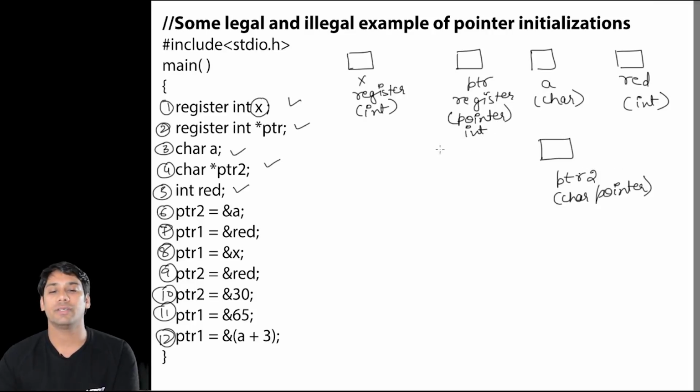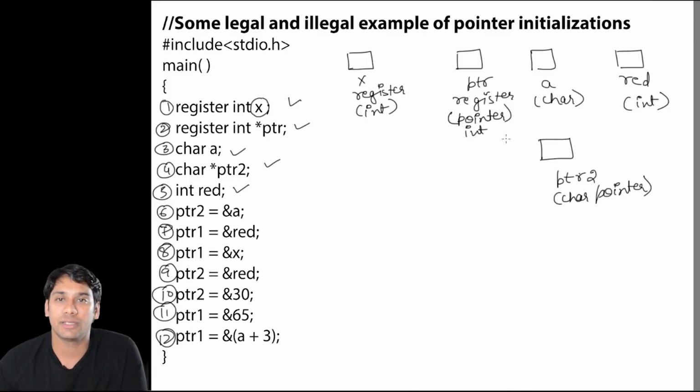Whenever we store addresses, if I declare a pointer of type int, that pointer is only going to store the address of an integer variable. If I declare a pointer of type character, it is only going to store the address of a character variable. If I declare a pointer of type float, that pointer is only going to store the address of a floating point variable.